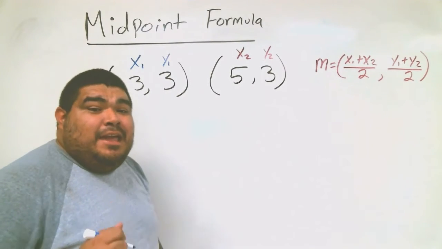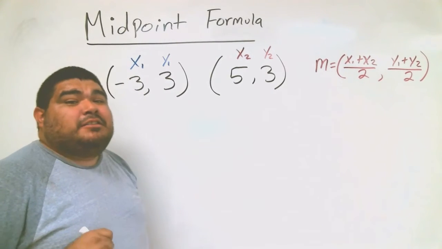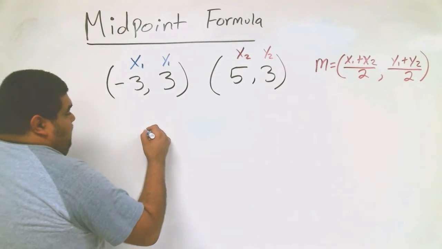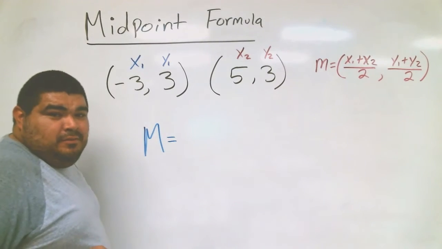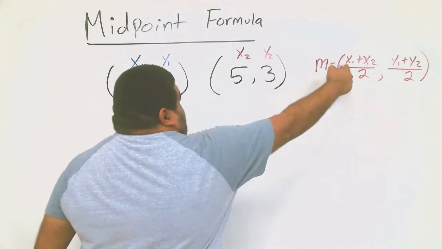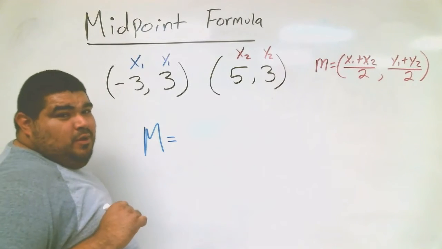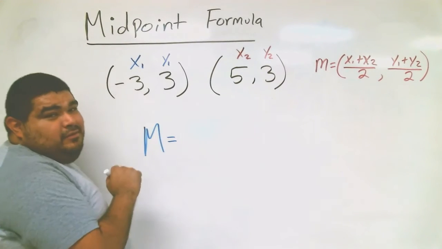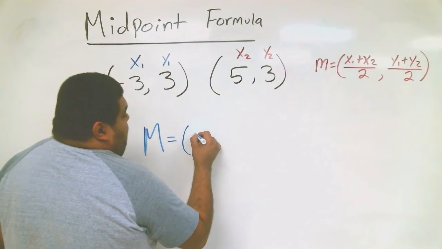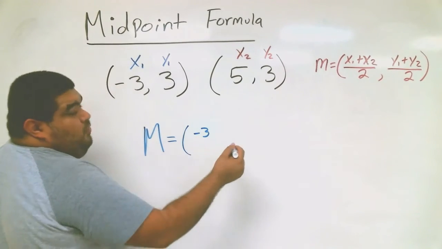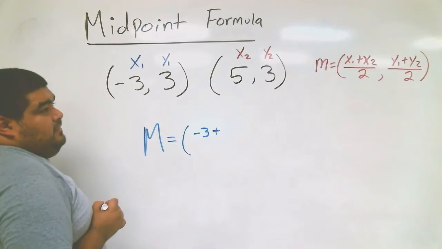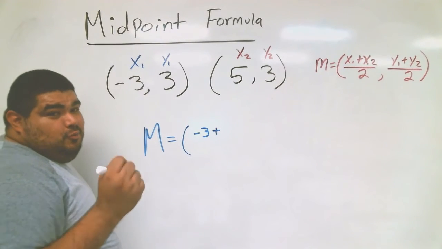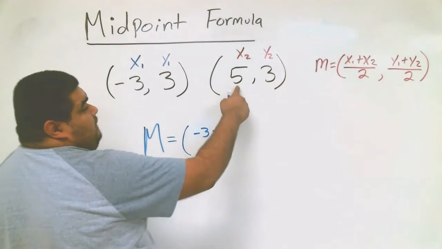We have m equals, remember, m is midpoint. So m equals x1. Do you guys remember which one's x1? The first one, right? So we have -3, remember, you have a plus sign, plus x2. x2 is 5.